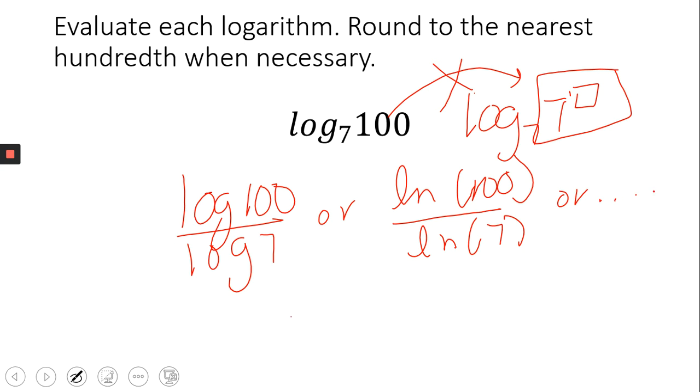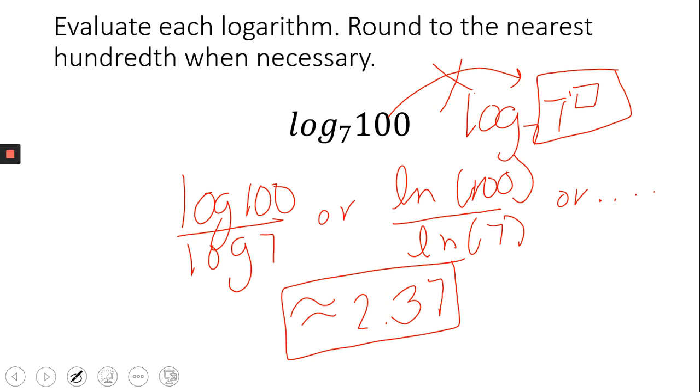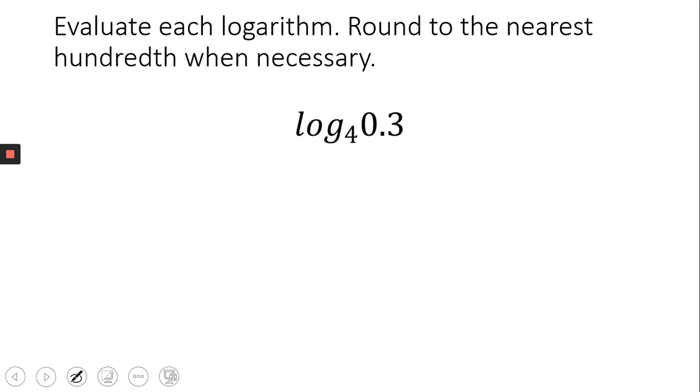Either way, you'll get this answer, which is 2.37. And it's going to have to be a rounded answer. It's not going to be pretty, which you can see why, because 7 to a power is never going to give you that number.